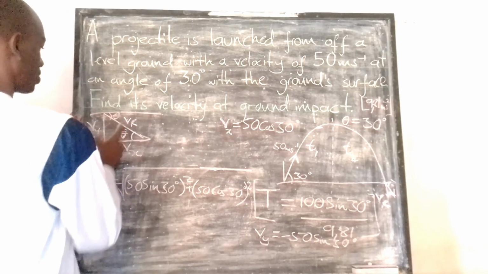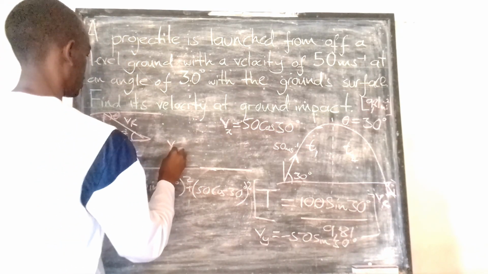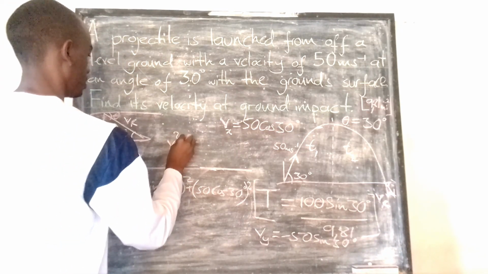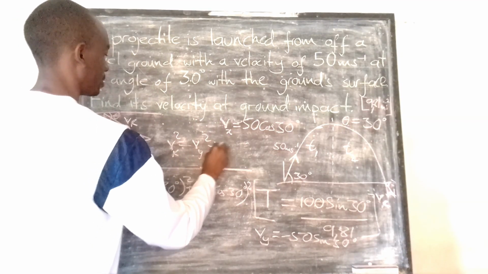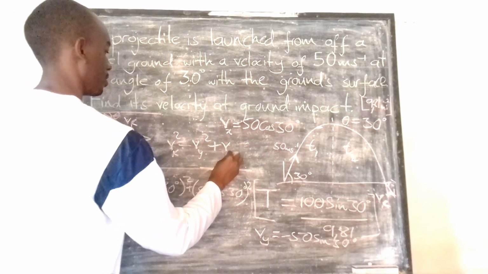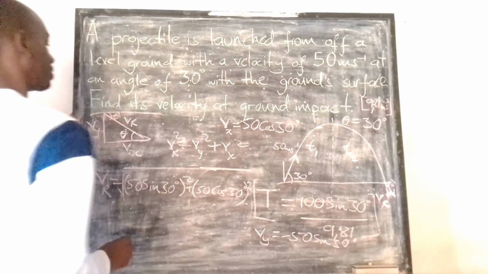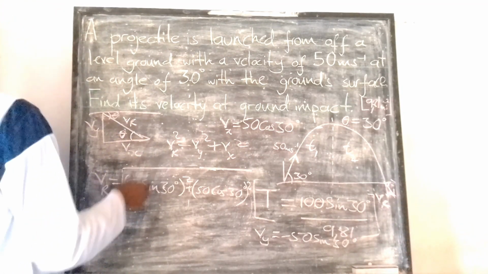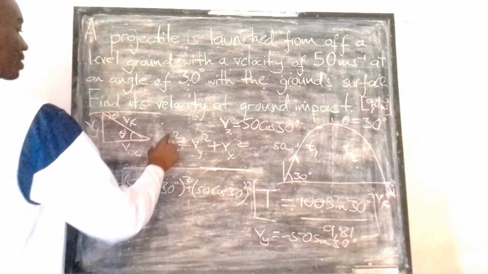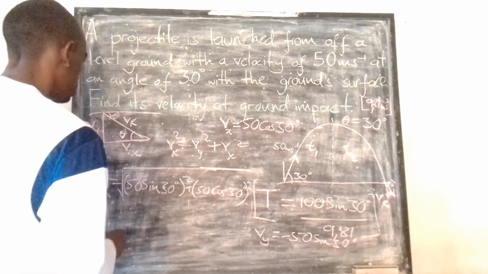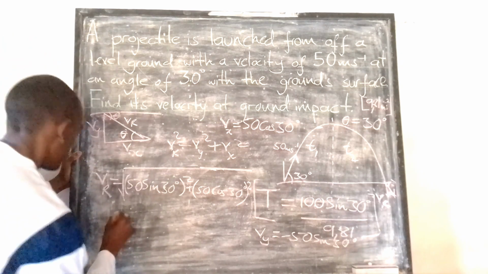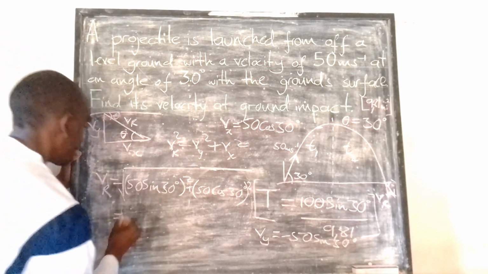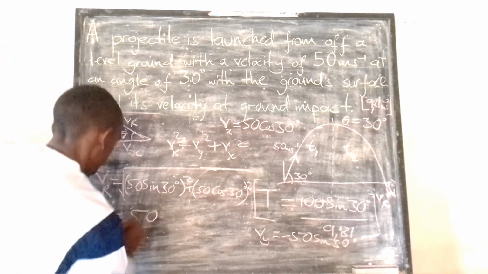So the Pythagoras theorem in this case is simply Vr squared is equal to Vy squared plus Vx squared. But in this case, I simply made Vr the subject of the formula by taking the roots on both sides. So if you punch this again into your calculator, you should get Vr is equal to 50.